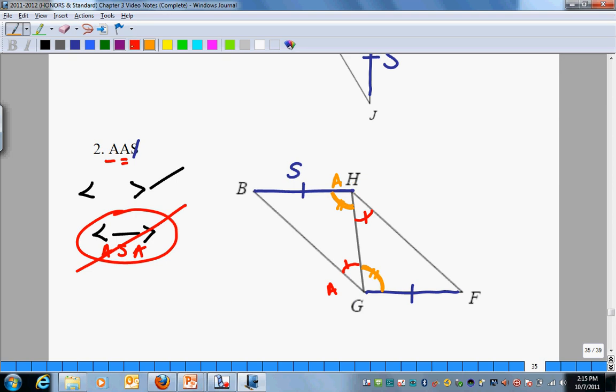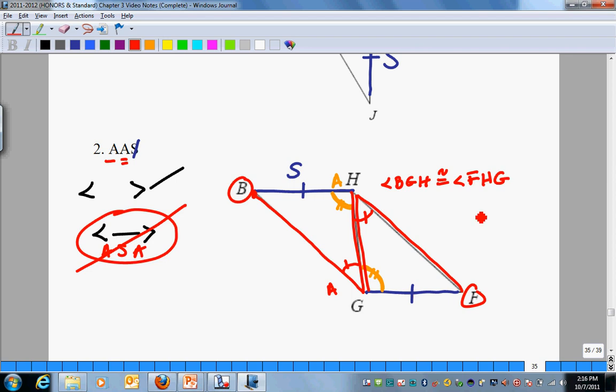Now we just need to name those angles. So this red angle here, we're going to call it BGH, is congruent. The match with B is F, so we're going to go angle F, H, G. So those are the two red angles.